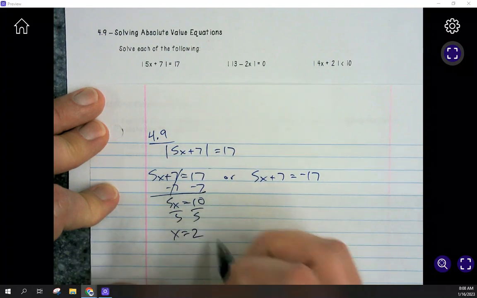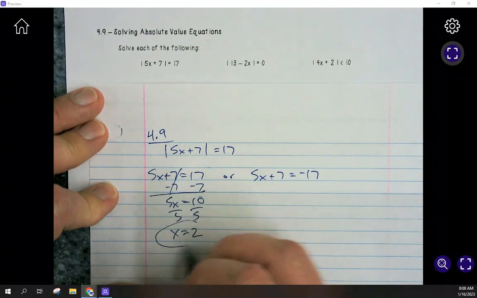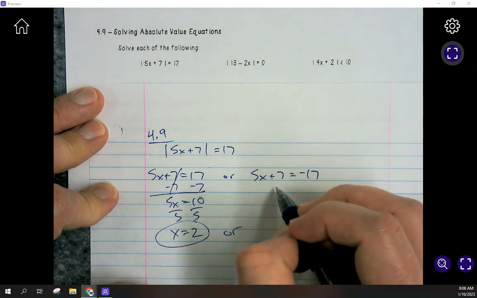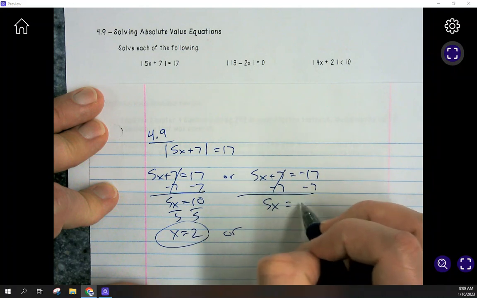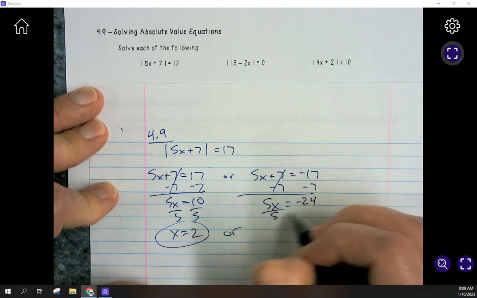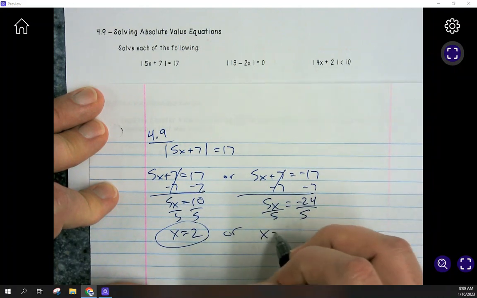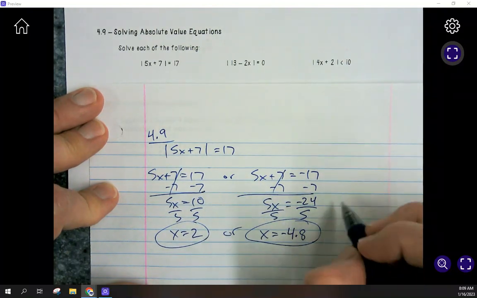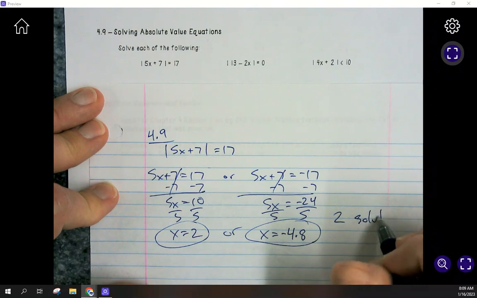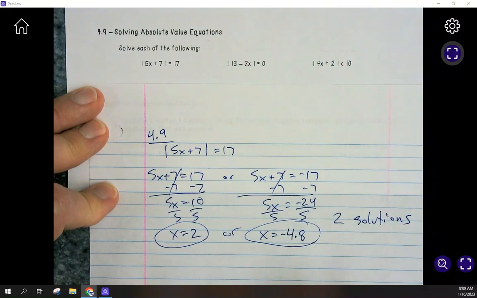So x could equal 2, or whatever we get over here. So 5x equals negative 24. Divide by 5. X equals negative 4.8. Okay, two solutions here with absolute value.